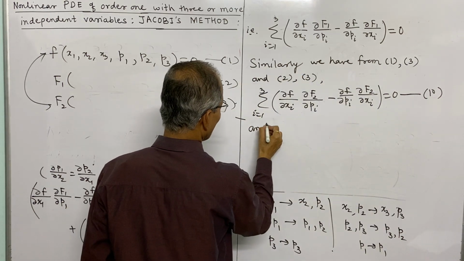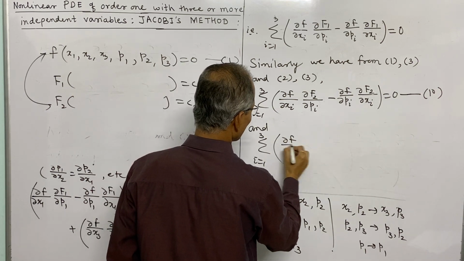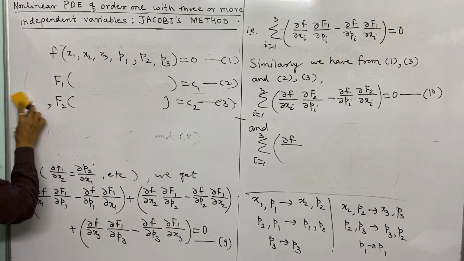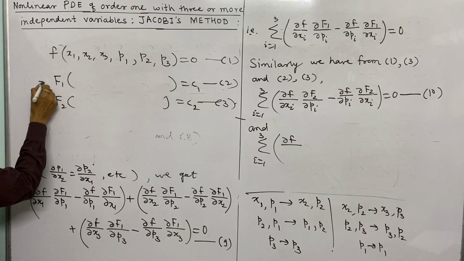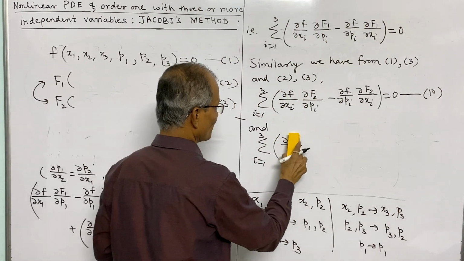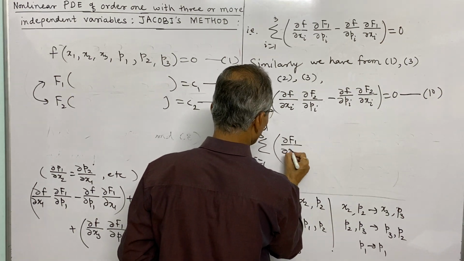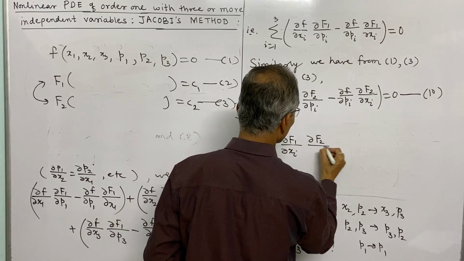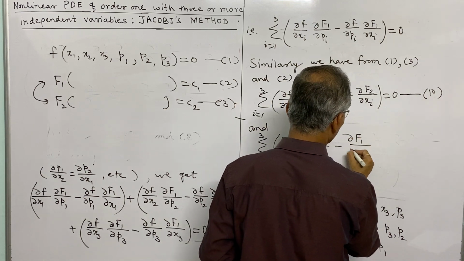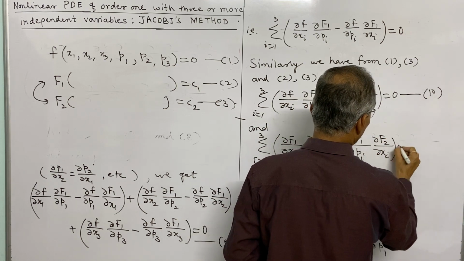and summation i takes value 1 to 3 ∂F1/∂xi ∂F2/∂pi, now you see 2 and 3. 2 and 3 means F1 and F2 we have to use. So in place of this f and F2 there will be capital F1 and capital F2. ∂F1/∂xi ∂F2/∂pi minus ∂F1/∂pi ∂F2/∂xi is equal to 0.